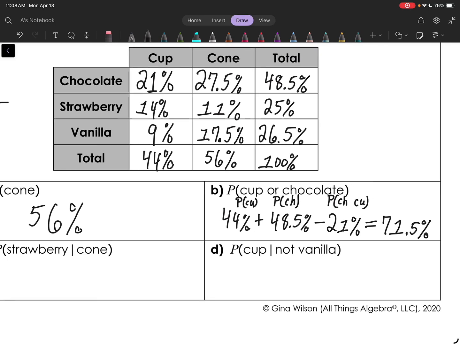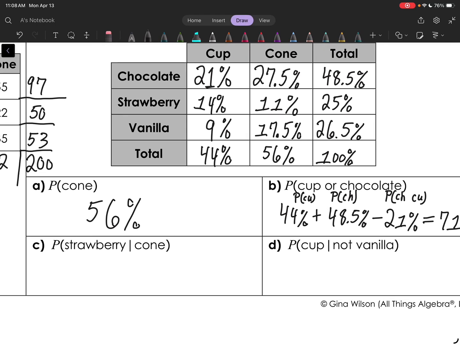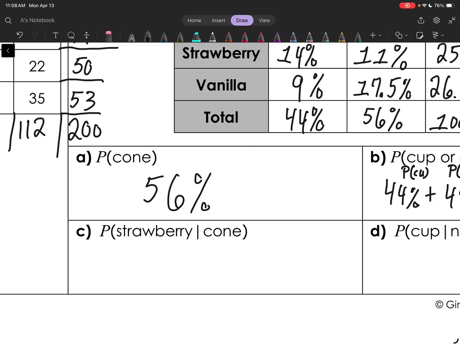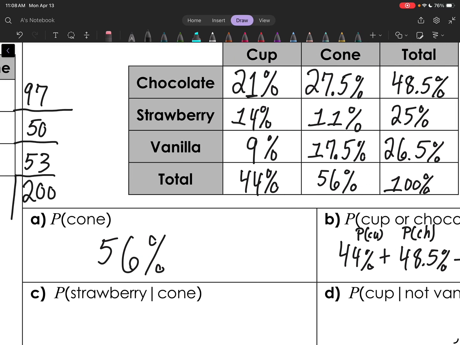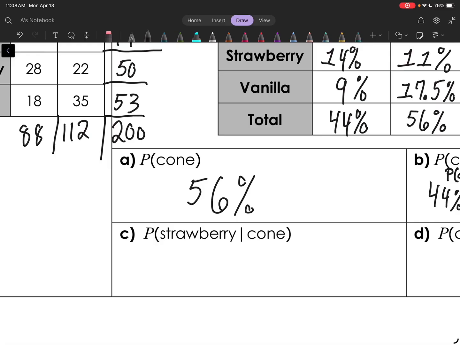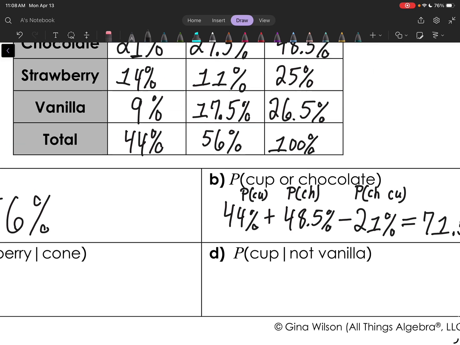Okay, there we go. What is the probability it is strawberry given it is in a cone? Well, what is the probability of a strawberry cone? That is 11% divided by the probability of a cone, 56%.